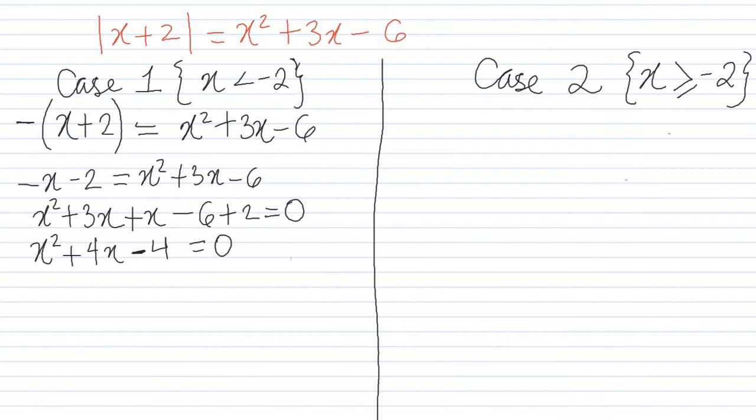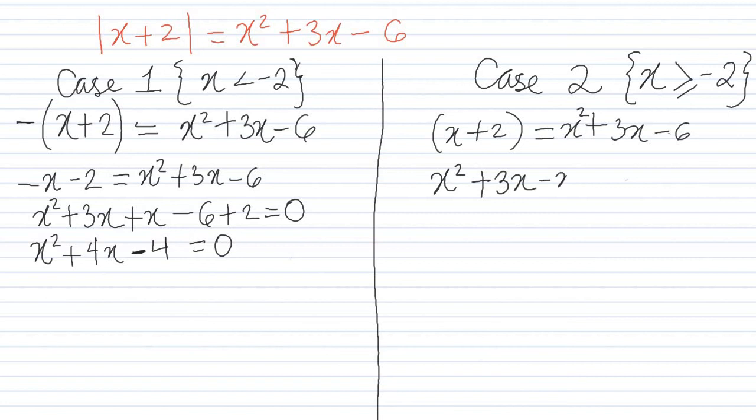And then we can also do the same thing on the right hand side. We have x plus 2 equals x squared plus 3x minus 6, which is the same thing as x squared plus 3x minus x minus 6 minus 2, all of that equals 0.